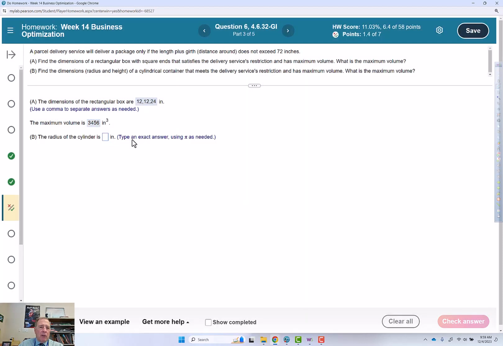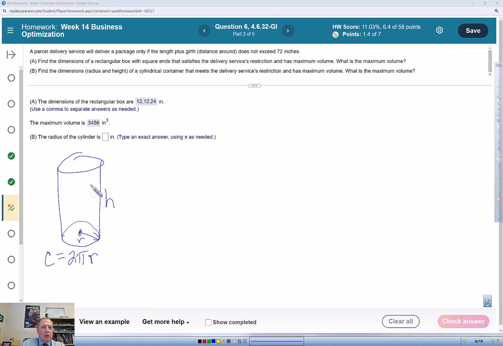Now we're going to go on to the next part. So here's a sketch. The radius of the cylinder is blank inches. And then we're also going to have to figure out the maximum volume. So here's a picture. I've got a circular base, and the circumference is going to be 2 pi r.